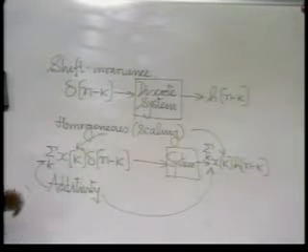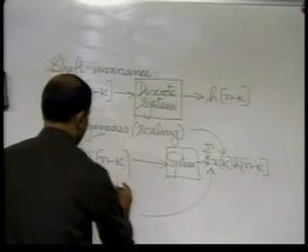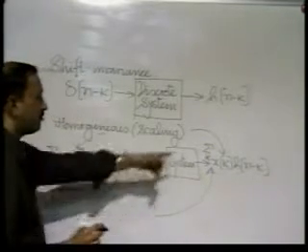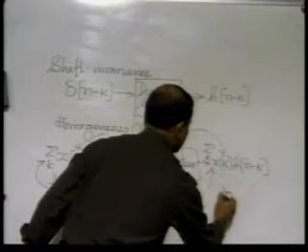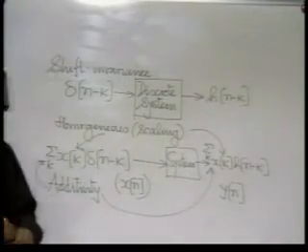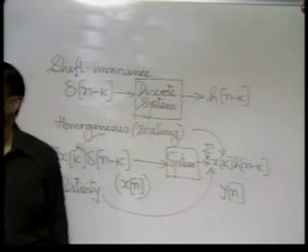So, needless to say, now this is the input x[n]. And this must therefore be the output y[n].